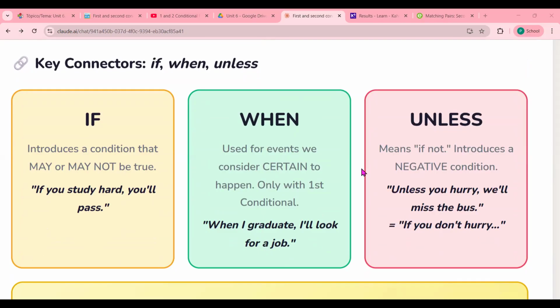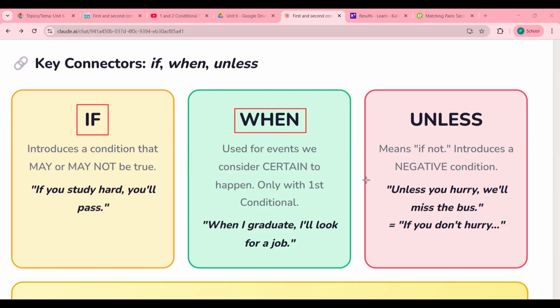My dear Angie Naomi, read the if description, please. Yes, if introduces a condition that may or may not be true. If you study hard, you will pass. Yes. Now, when, my dear Angie?